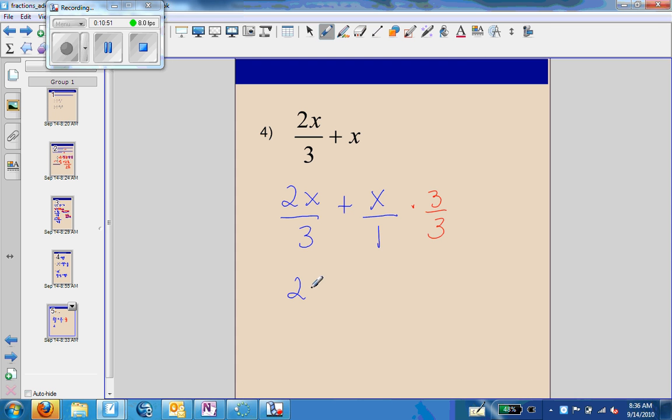So we end up with 2x over 3 plus 3x over 3. We're going to add the numerators and keep the denominator. So 2x plus 3x can be added together. They are like terms, so we get 5x, and then we keep the denominator of 3.